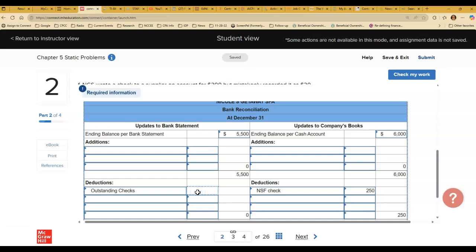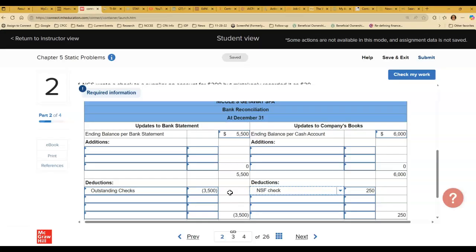All right, hang on. Let's do this. Think about what's happening here. We have written, remember, this is us. So don't look at this as a third party. We are book. We wrote $3,500 worth of checks. When we wrote those checks, we immediately deducted that out of our cash balance.